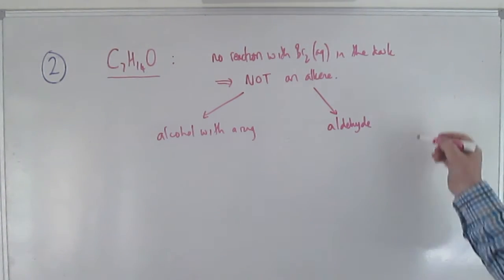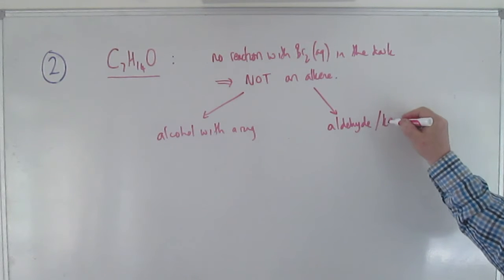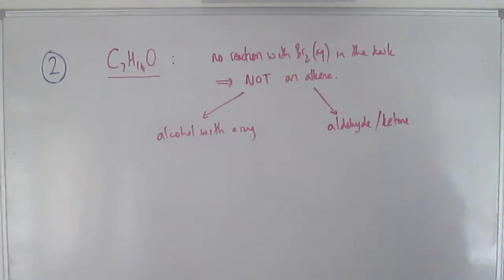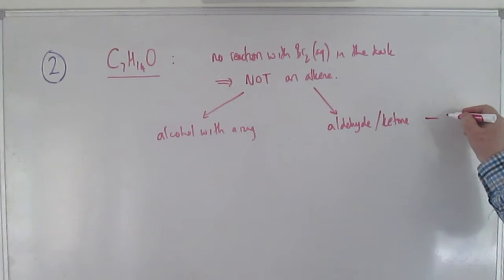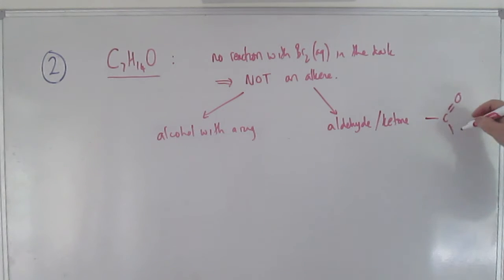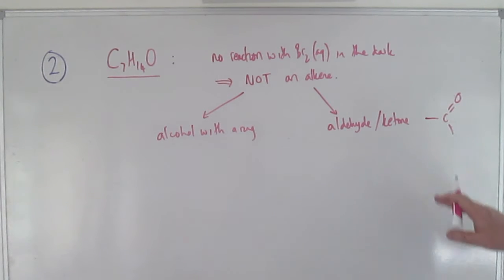Because an aldehyde, well, it could be an aldehyde or a ketone actually, as far as we know at this point, because they contain a double bond, C double bond O. So a C7 aldehyde or ketone would have that molecular formula. So that would be a possibility, or this would be a possibility. And in fact, it will turn out that either of those can give a possible answer. So let's just follow them both through. So let's try this route first of all, an alcohol with a ring.